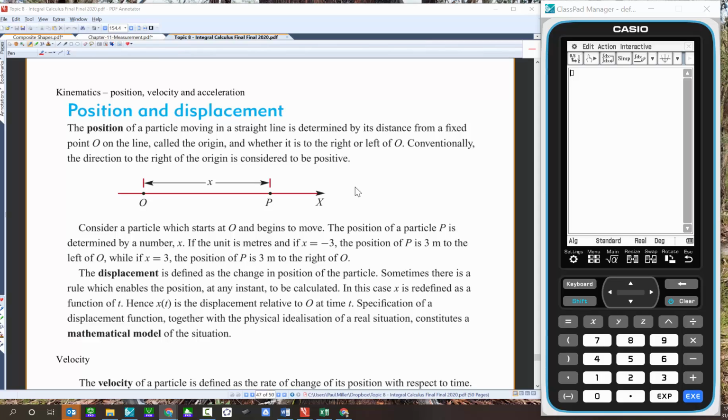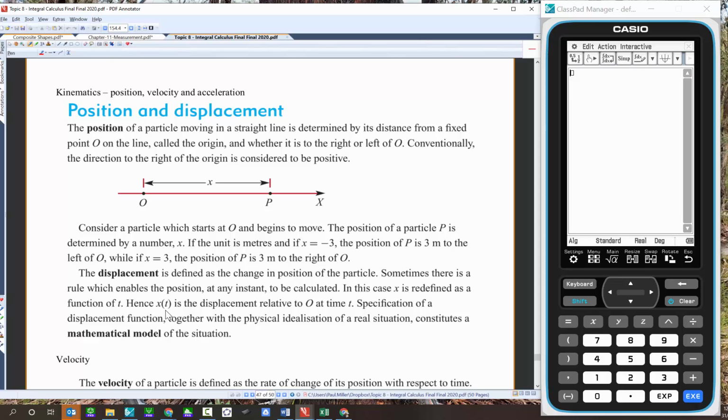And what you might consider doing is developing a rule. When you do that, you would start to calculate my position with respect to time. So in this case, my position is defined as a function of t, time.